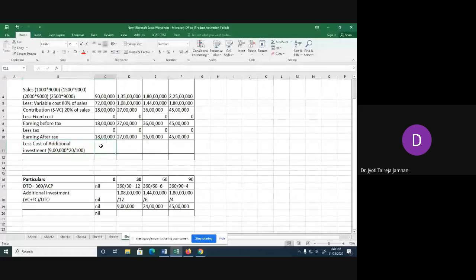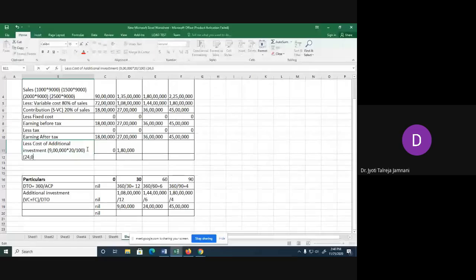In the first case, it will be nil. In the second case, 20% of 9 lakh is 1 lakh 80,000. Then third option, additional investment is 24 lakh into 20%.